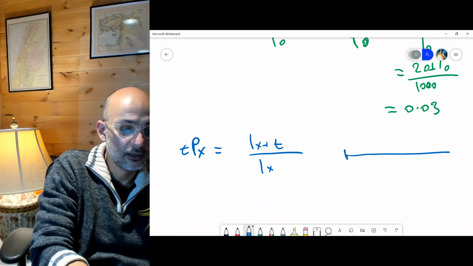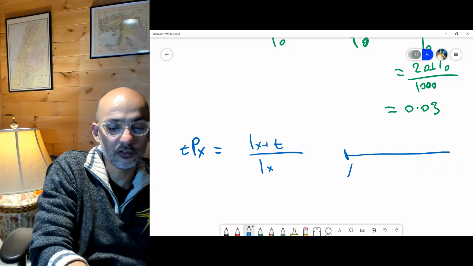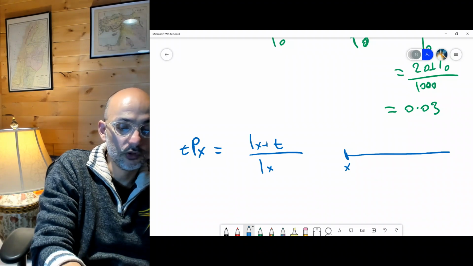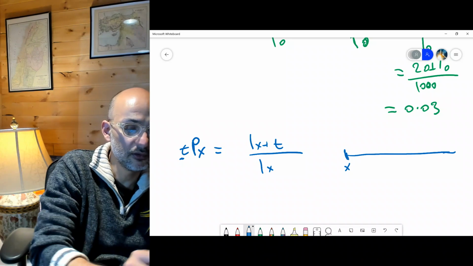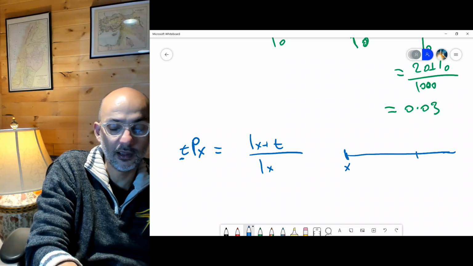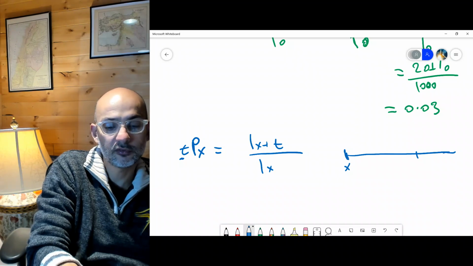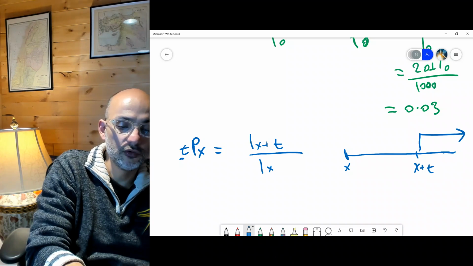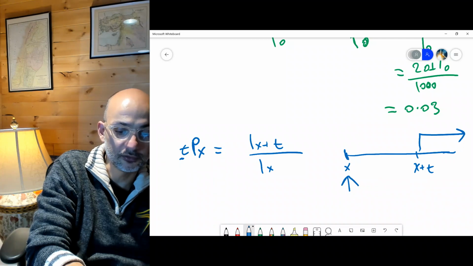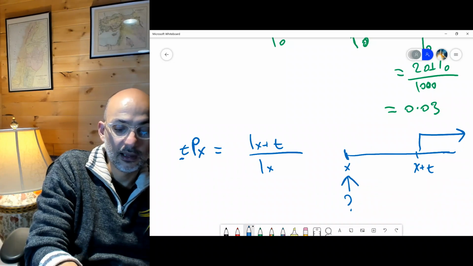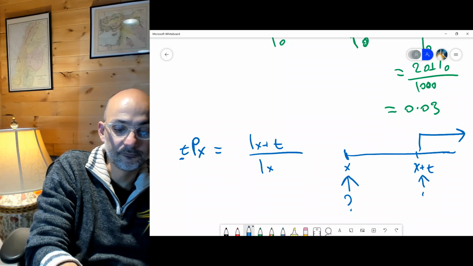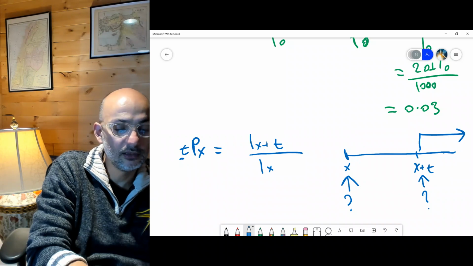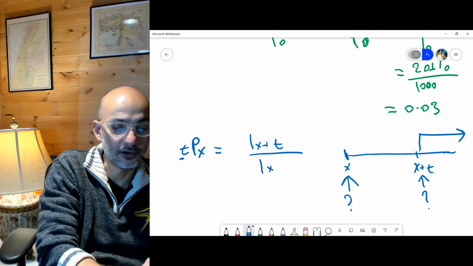Instead of age 0, this is now age x, and we want to see the probability of surviving t years from age x. If you add t years, the age becomes x plus t. So you look at your cohort, how many people you started with here, and then you see how many of them survive here. The survivors over the initial cohort give you what you are looking for.